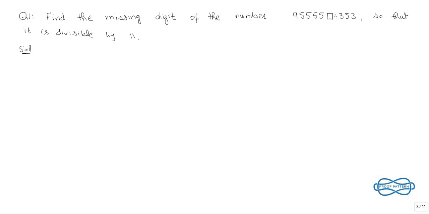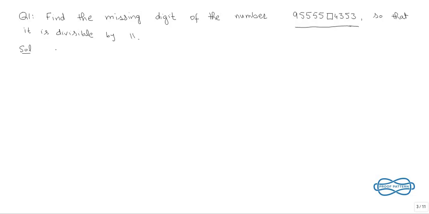Find the missing digit of the number 95555, where the box is in place of the missing digit, 4353, so that the given number is divisible by 11.